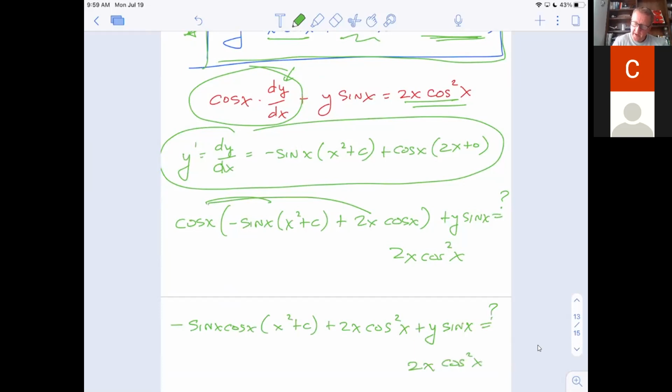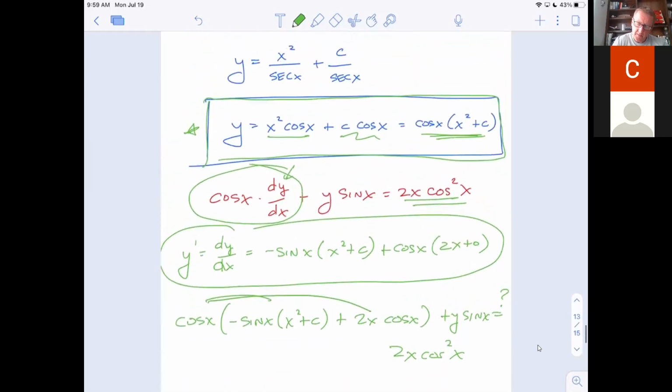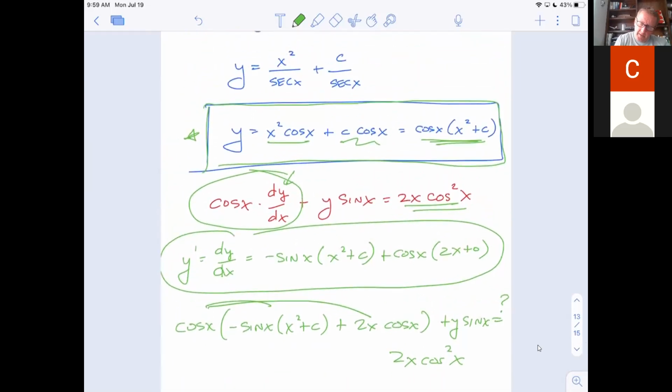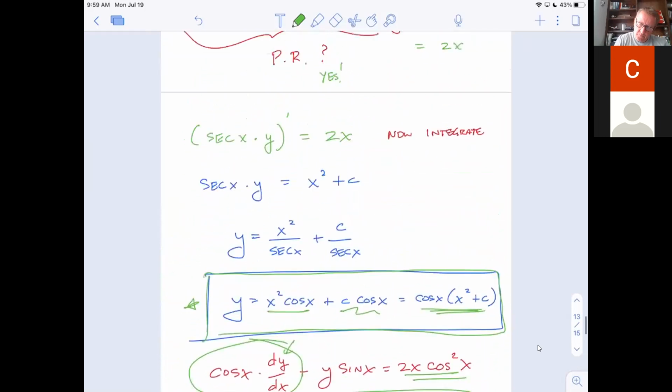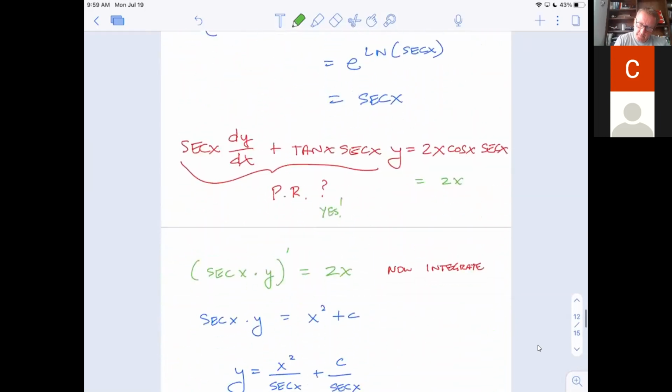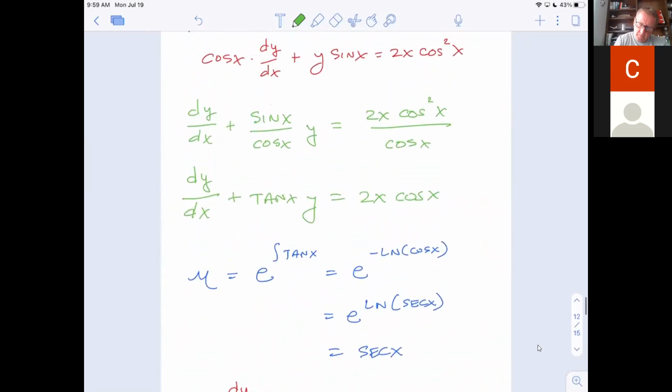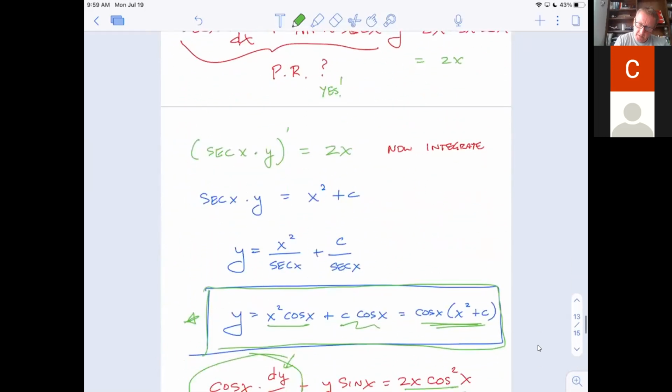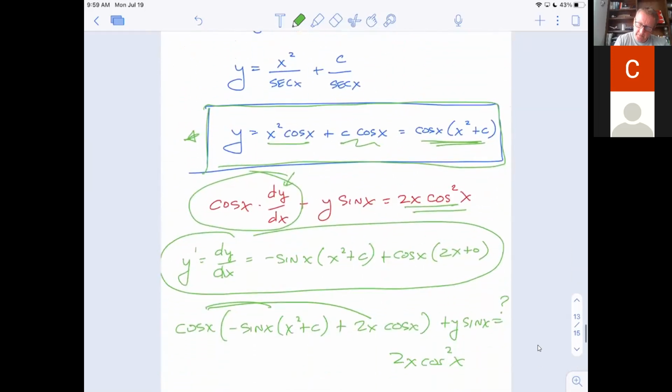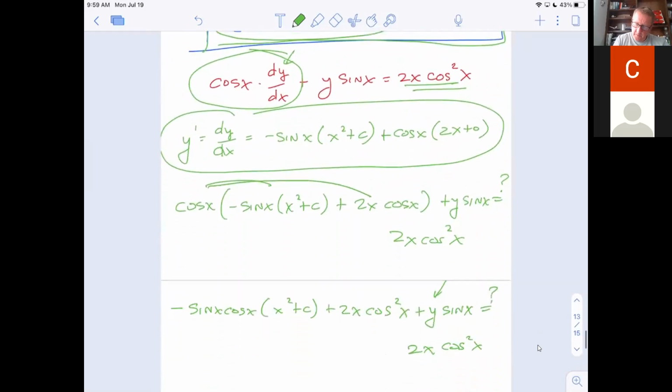Well, the only thing I don't have is this y. I need that y gone too. I need all x's. And so what was y equal to? Well, according to my derivative, let's see, yeah, I guess it's this, isn't it? Isn't this what y is equal to? Or this, y is equal to that, either one of those.